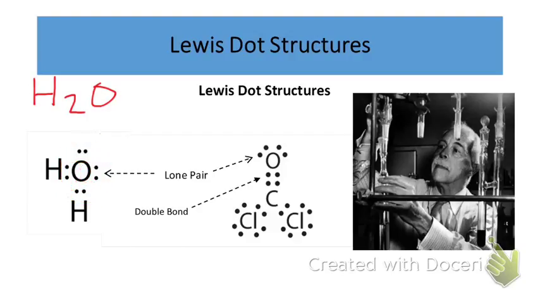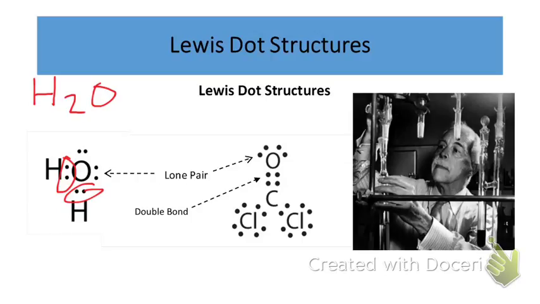What about the hydrogen? Well, remember that hydrogen really does not need an octet. It doesn't need 8. It only needs 2 electrons, much like helium. So in this case, as long as hydrogen has 2 valence electrons, then it's good to go. And indeed, it does, each one of them, in fact.